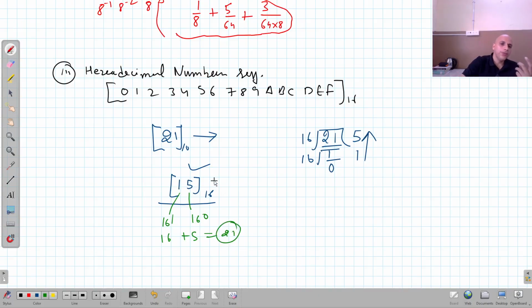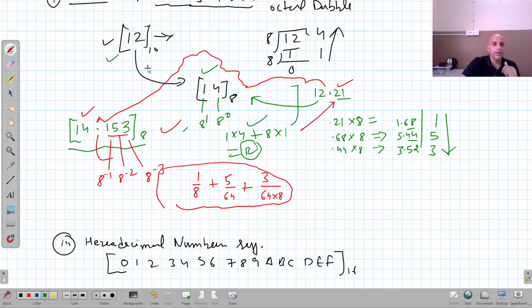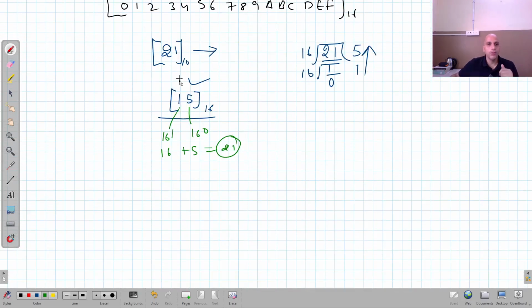And again, if you have a fractional part, the same rule is followed here. Suppose it was 21.21. So what you will do, 0.21 multiplied by 16, right? So whatever you get, 16 into 21 is 33, right? So you will record the integral part 3, then 0.36 multiplied by 16.